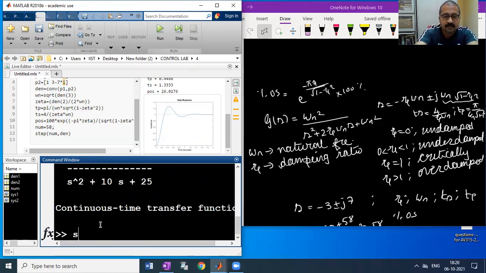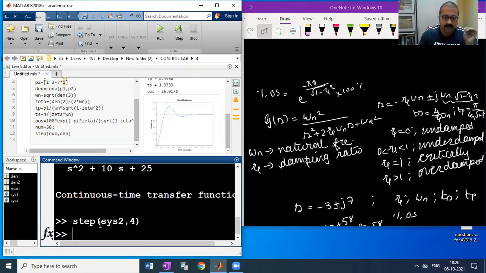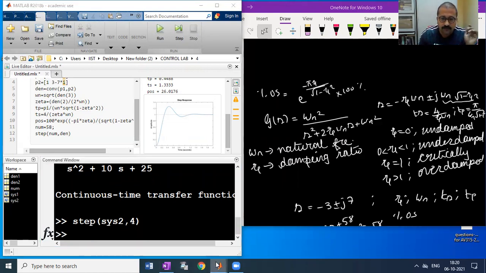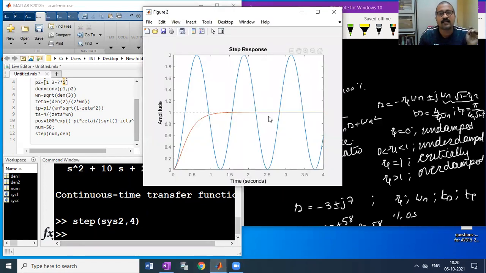Now step of sys2, and the same time period you have to use, because then only it will be compatible both on the time axis as well as the y coordinate. Now you open that figure window. You can see a red plot. This is the critically damped system, with no overshoots and no undershoots.